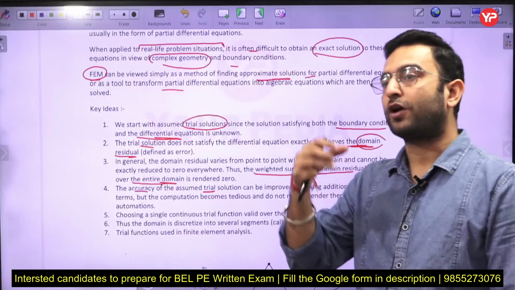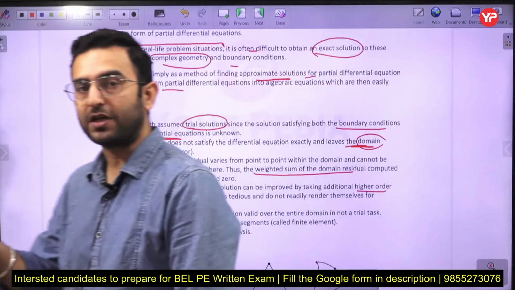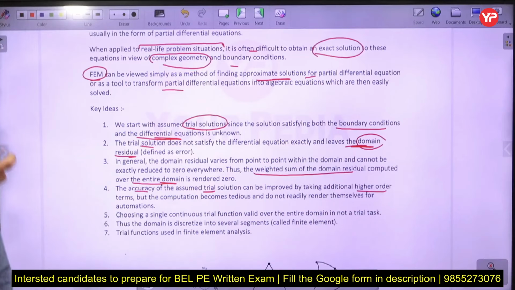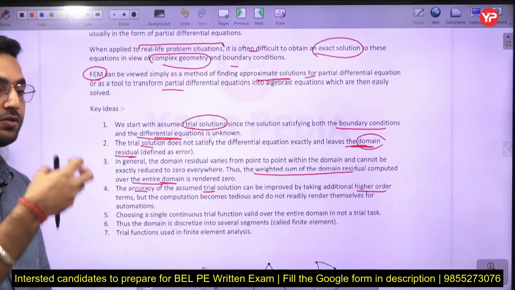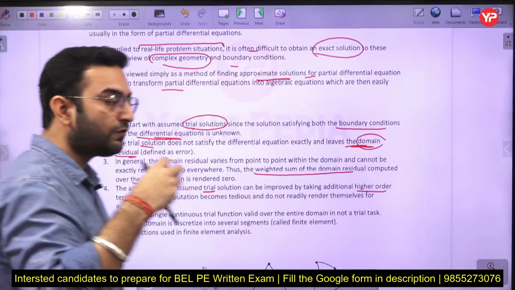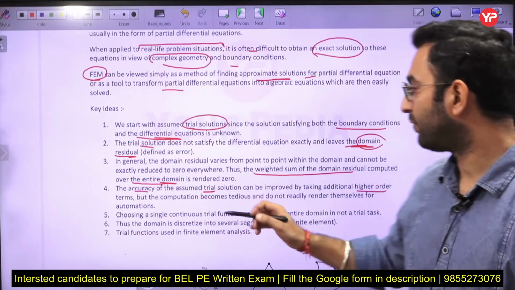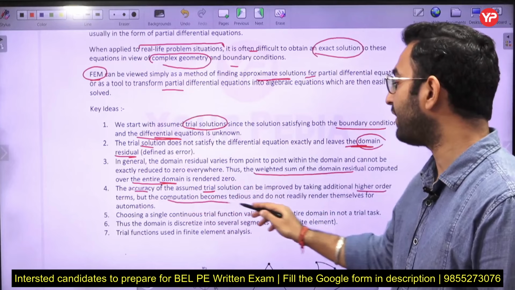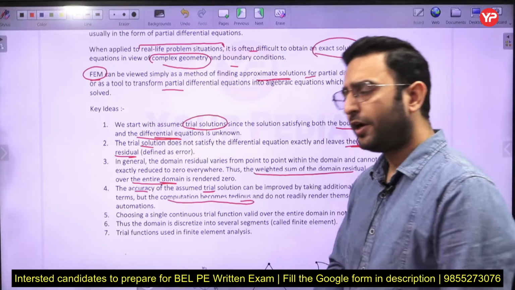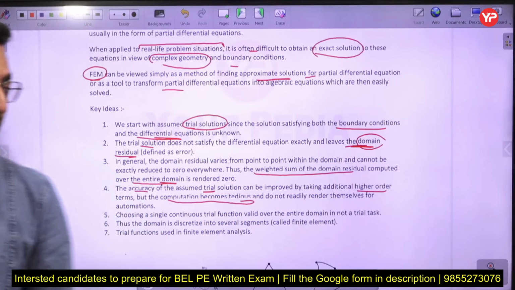If you go for a quadratic or a cubic polynomial, then we are trying to reduce the error and improve the accuracy of the results. But the problem is that whenever you shift to a higher order, the computation time keeps on increasing. The computation becomes very difficult. It requires a large amount of resources, which is not practically feasible.